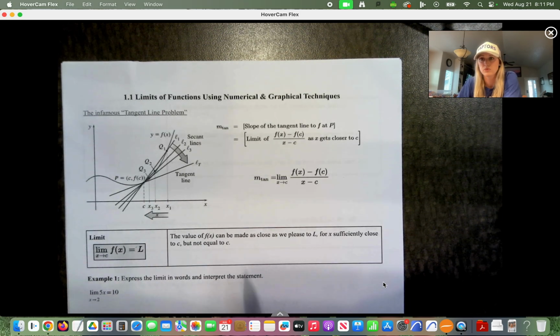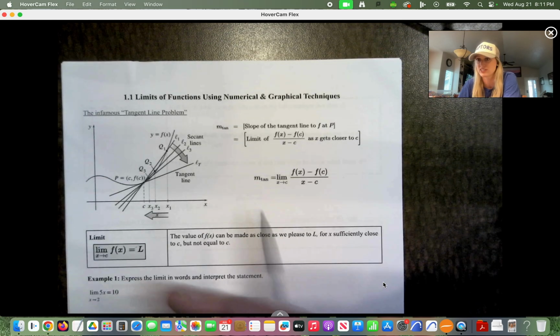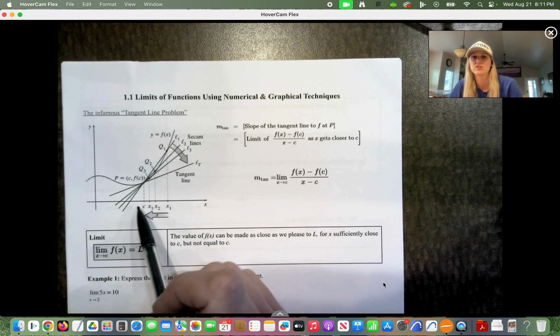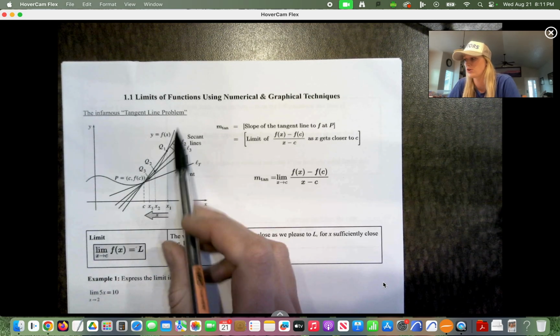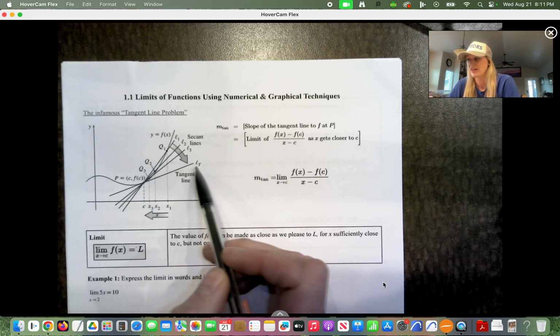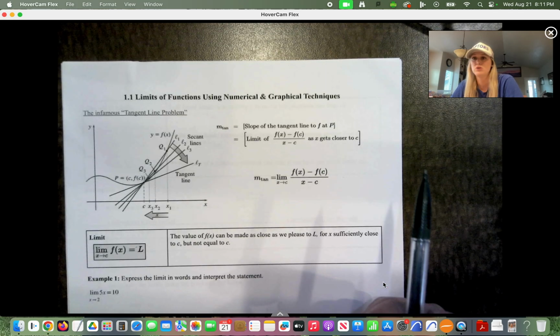Okay, so there are two main problems that summarize calculus, and one of these is the tangent line problem. Basically we want to find the slope of a line tangent to our graph. So we have this function f of x, and we want to find the slope of this tangent line. Now, in order to find slope, you know from previous math courses, you need 2 points.